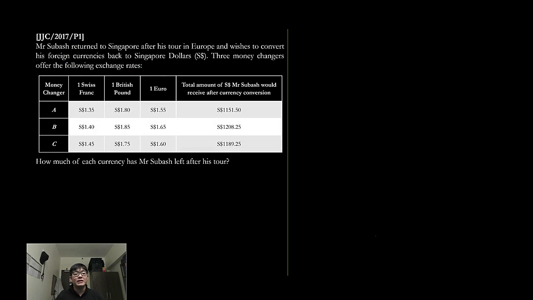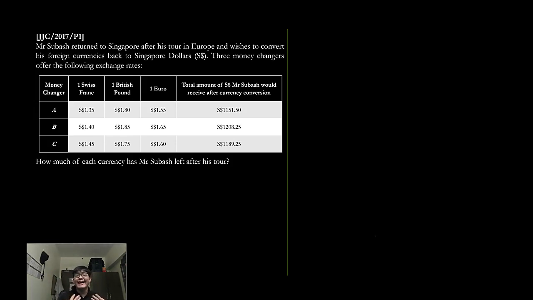In this first question by Jurong Junior College, it says that Mr. Subesh returned to Singapore after his tour in Europe, and he wishes to convert his foreign currency back into Singapore dollars. The exchange rate is given in the table, and they ask how much of each currency Mr. Subesh has left after his tour.